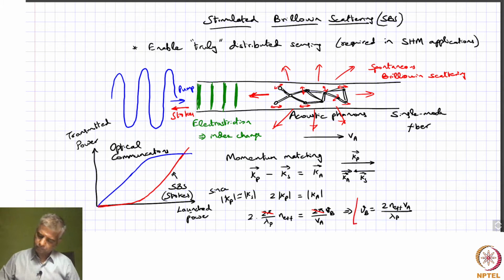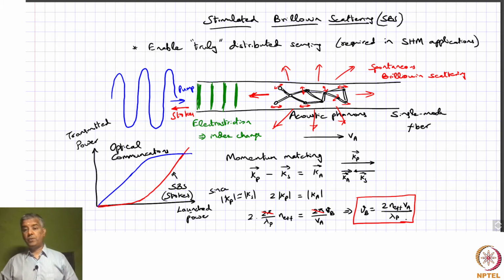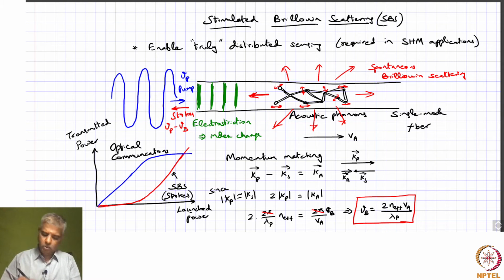So, that is actually the frequency shift that you get because of the scattering of the acoustic phonon. So, what we are saying is if your pump has a frequency nu p, your Stokes is now going to have a frequency nu p minus nu b, right. It is going to be downshifted in frequency corresponding to this scattering from the acoustic phonon.